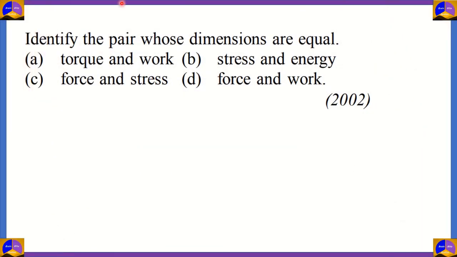So let's look at our first question. Identify the pair whose dimensions are equal. Well, here we have four options: torque and work, stress and energy, force and stress, force and work. So in this question, it makes sense to write down the dimensions of each quantity given here.